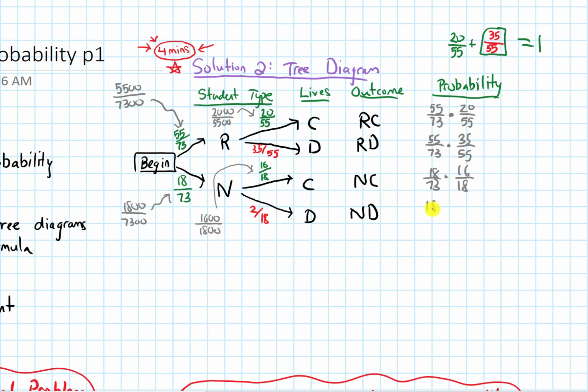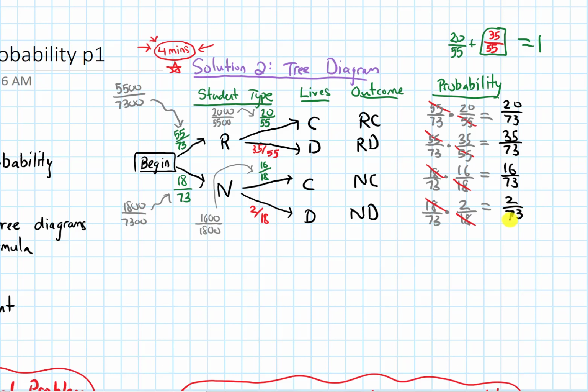The final one is 18 over 73 times 2 over 18. Now in each of these, we get some really nice cancellation, because the 55s on the bottom and the top will cancel away perfectly, and here the 18s will cancel away perfectly. So that'll leave us with 20 over 73, 35 over 73, 16 over 73, and 2 over 73.